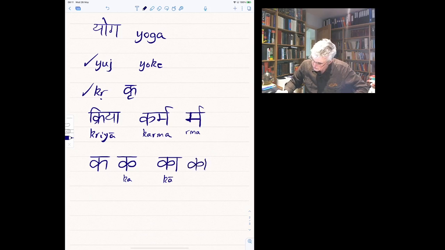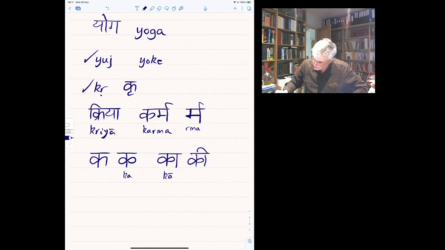This is ki. So that long stroke, but with this hook joining to the top. Ki. But ki, with a short i, the vowel sign comes before. So that is ki, just the short i, a marked short sign there.